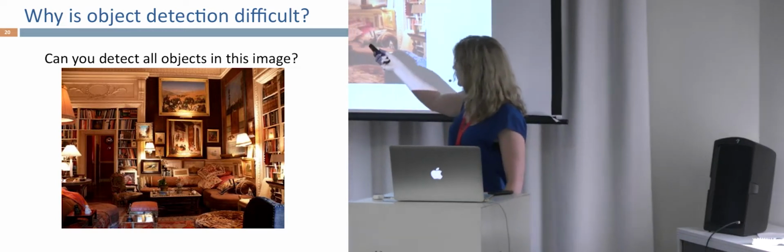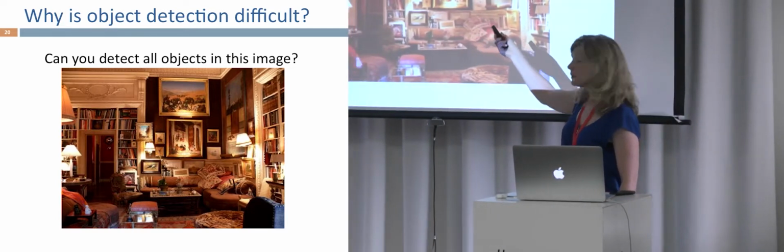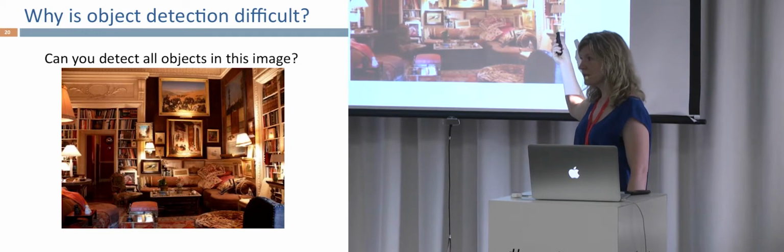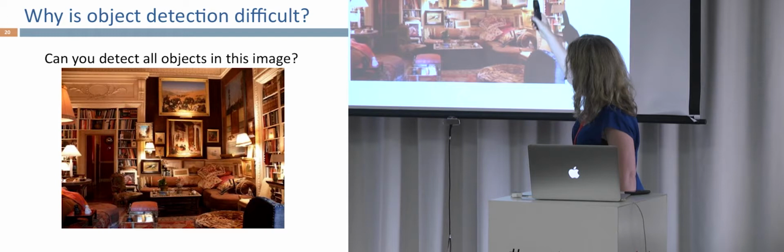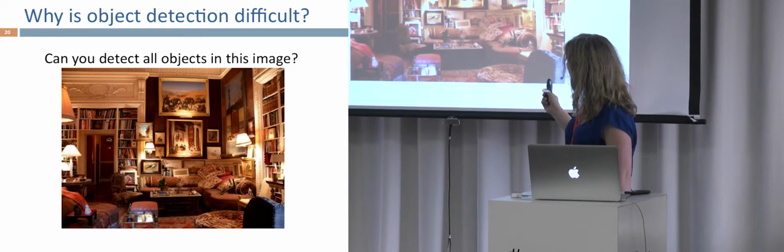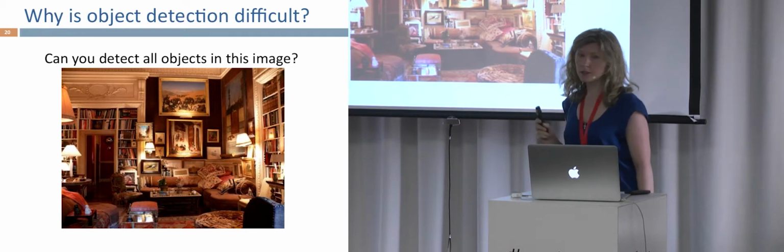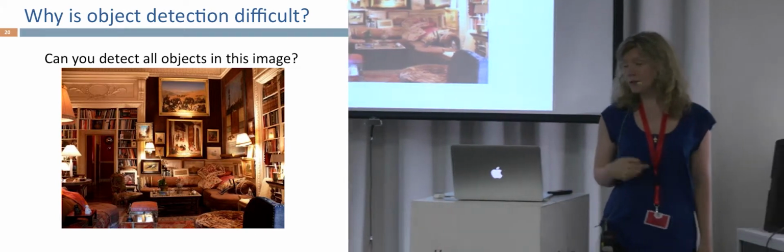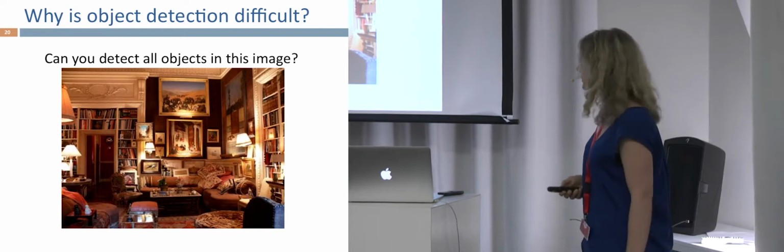So if I asked you to put a bounding box around every book that's on the shelf, that's going to be a lot of work. There's lots of books on the shelves, lots of smaller objects, and in general, there's a lot of clutter in this particular video. But this is what the goal is. This is what we're asking a machine to do.